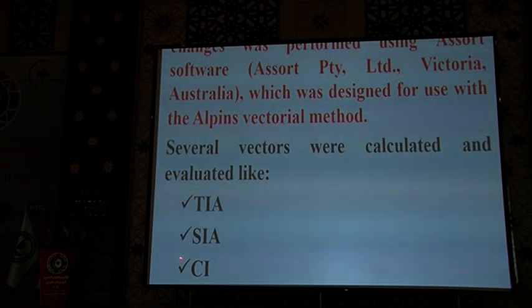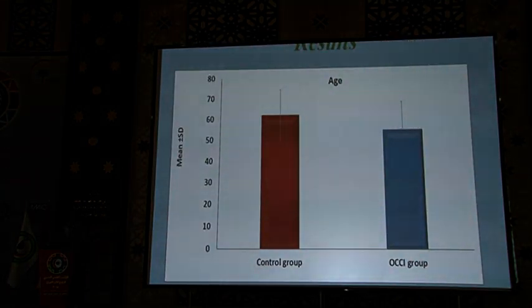The other, which does not appear here, is the magnitude of error, which is the arithmetic difference between surgically induced astigmatism and target-induced astigmatism. Regarding the results, there is no difference in age between both groups.